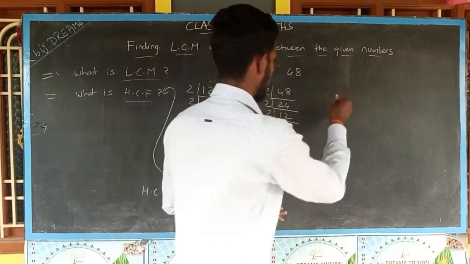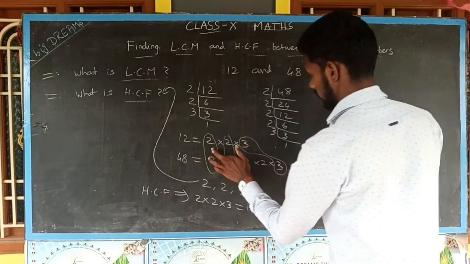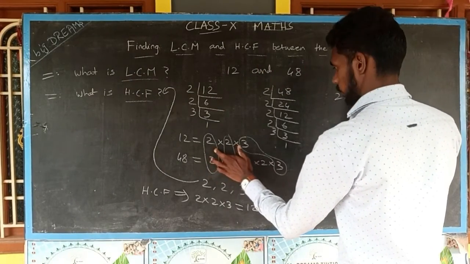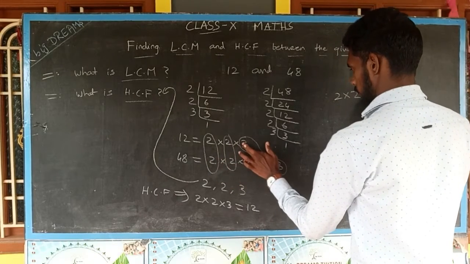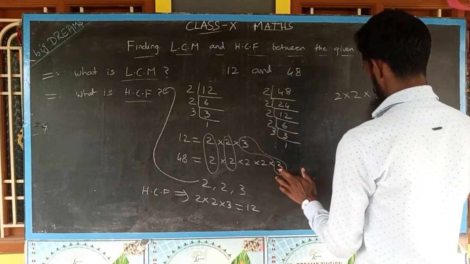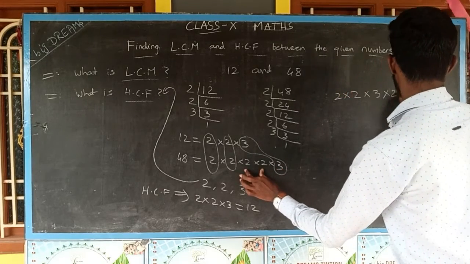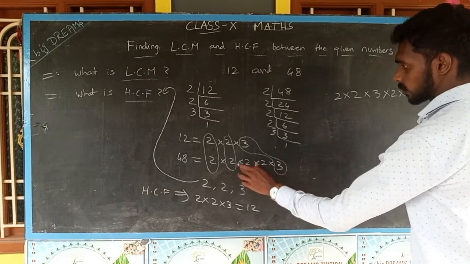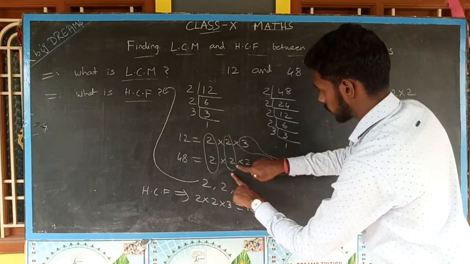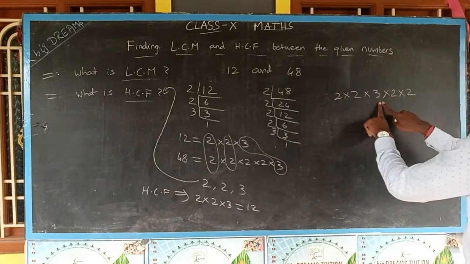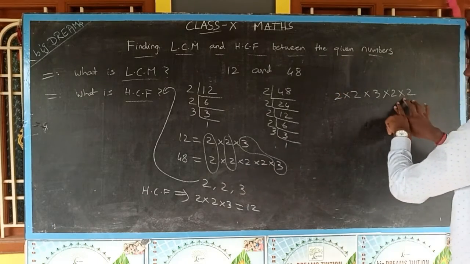Then we have to find the LCM between these two numbers. I am writing 2 into 2 into 3, the common things, and then fill the left out factors, 2 and 2, so 2 into 2.